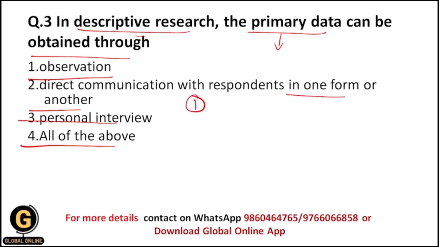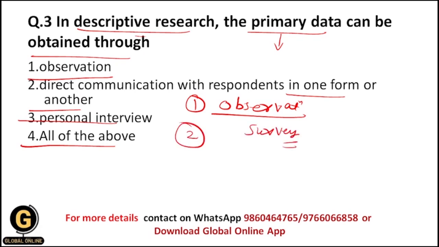So the first data collection method is observation. Basically students, we use observation as a data collection method so that we can obtain quantitative data. Now the second one is survey. Survey is another data collection method in which we ask questions to our participants and participants respond to us.